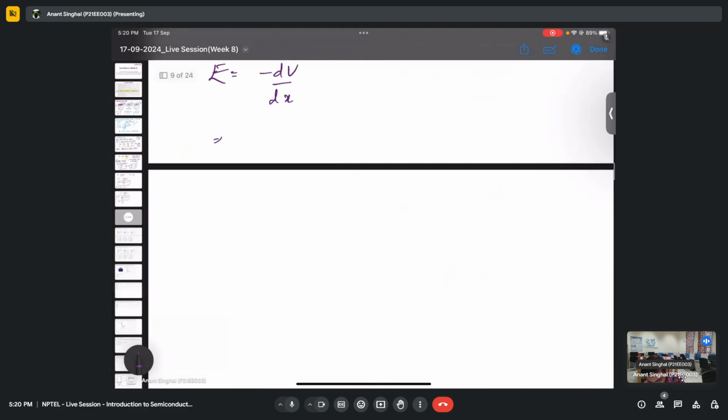So again doing the same thing. The voltage will come from the integration of minus E dx, and we already have the value for the electric field. So I'm writing QNA by epsilon S times (x minus xd) dx, which will give me a potential.